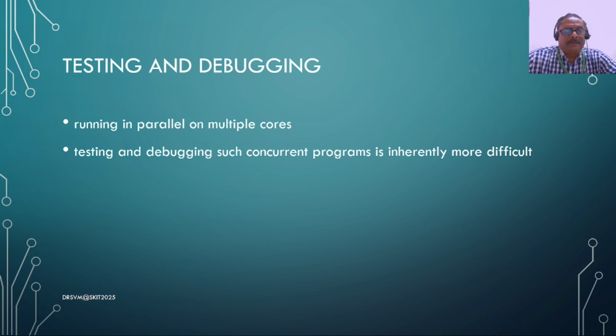And because these tasks are running in parallel on multiple cores, testing and debugging such concurrent programs is definitely very difficult. So we should have proper guidelines and a proper debugging and testing setup, so that even under this concurrent execution, we should be able to identify the problems and bugs, and we should be able to test them concurrently.